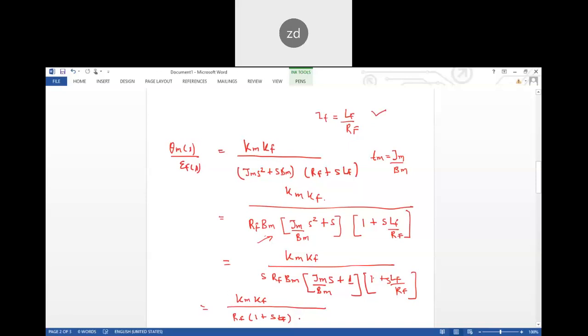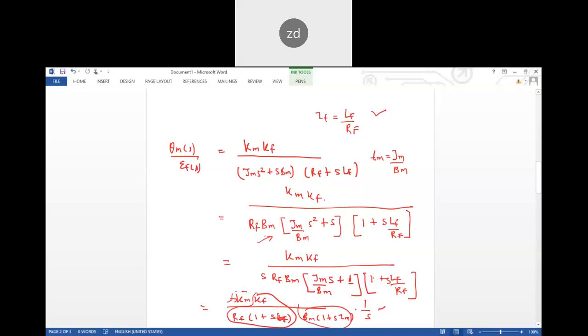Then I further segregate it, and I can write it as Bm into 1 plus S Tm into 1 by S. So this first term you can see over here is the Kf term, Kf and 1 plus S Tf, and the second term would be Km, this denominator value, into 1 by S.